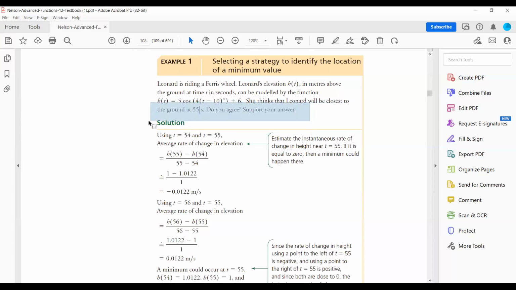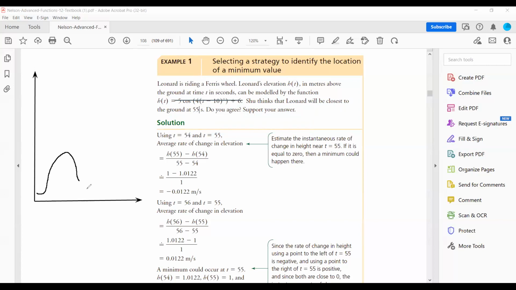Leonard will be closest to the ground at 55 seconds. So let's think about it. We can see that it's a cosine function, so it will look as follows. As soon as he's riding a Ferris wheel, it models his height above the ground. We had such a problem before. So he would be going something like this, right? Up and down on the Ferris wheel.